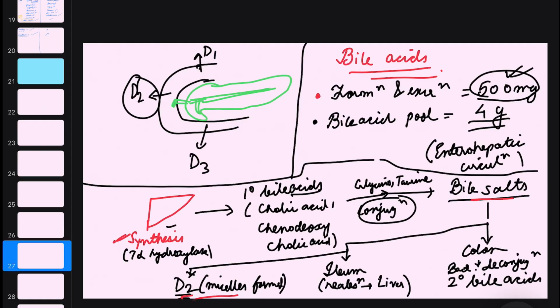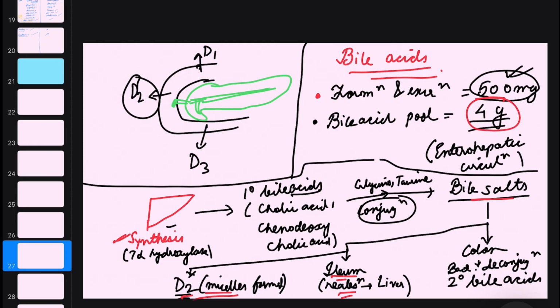Next, let's go back to this. Suppose from the duodenum, we had bile acids, bile salt, micelle was formed, and then it was coming into the ileum, and then it was getting reabsorbed. Suppose there is a problem in the ileum itself. Suppose there is some kind of an ileal pathology for which the reabsorption is getting hampered. Now, if I don't reabsorb, all my bile salts will get excreted. And then will I have a pool of 4 grams of bile acids in my body?